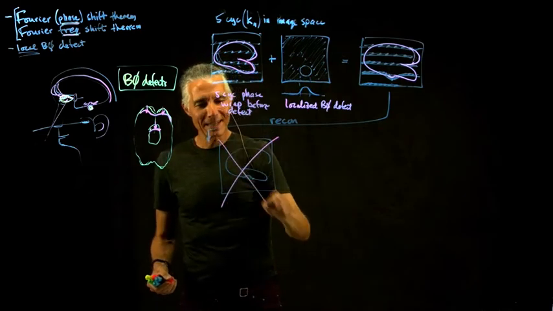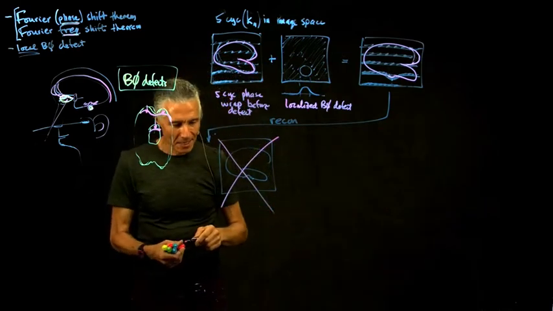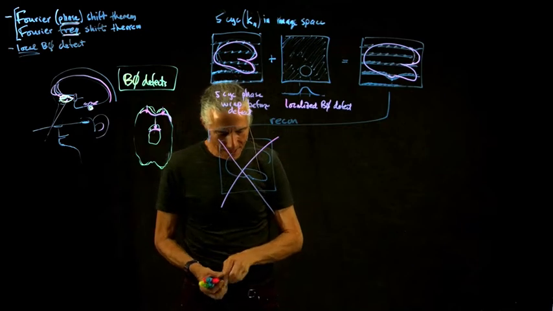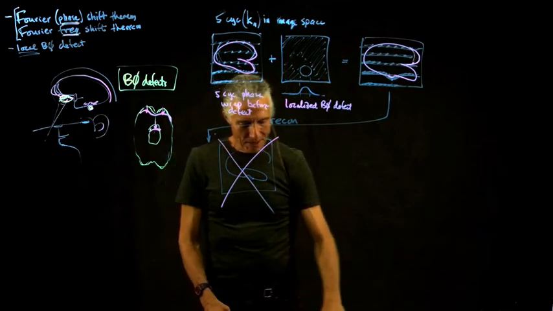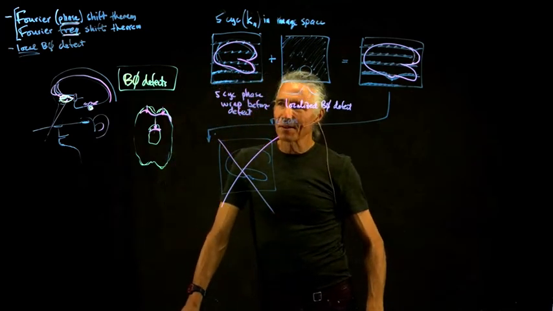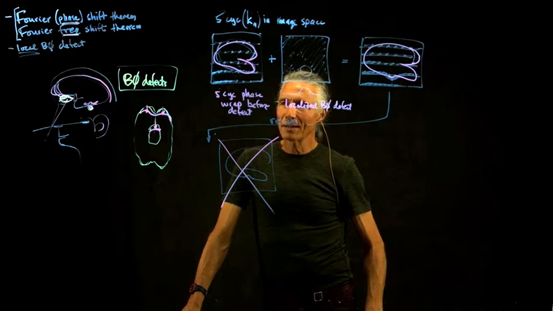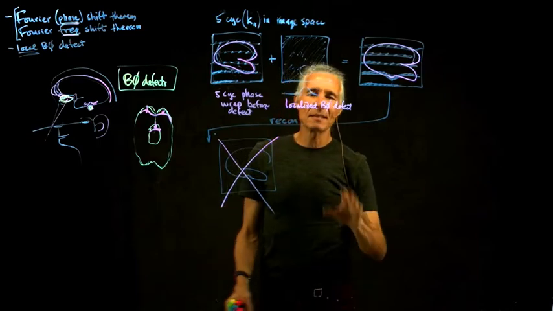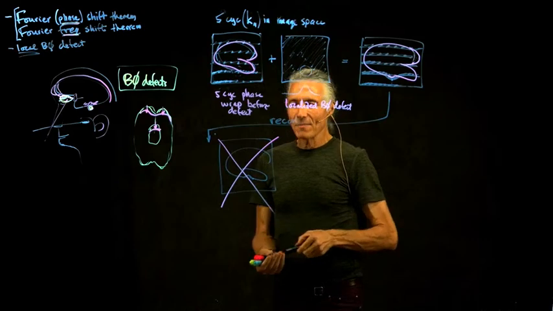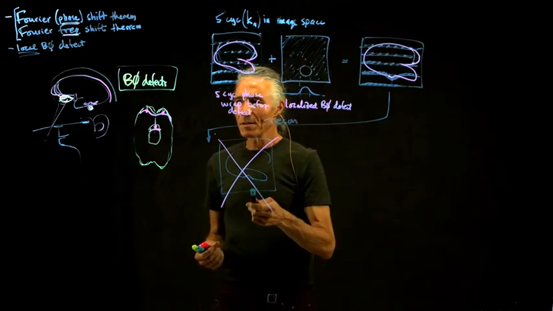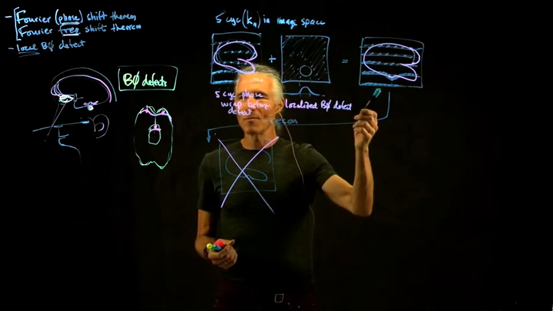So why is that wrong? The reason it's wrong is because you've changed all the spatial frequencies. It's wrong if you assume that we changed all the spatial frequencies the same way.